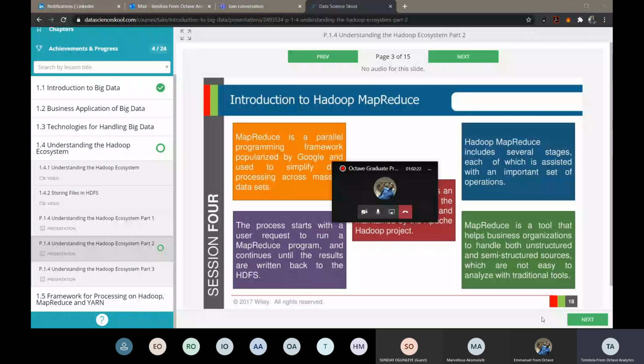Let me ask a question from that. The data gotten from emails, chats, and the rest, which structure of data can we classify them as? Your emails or your WhatsApp messages from a group chat, which structure does it belong to?